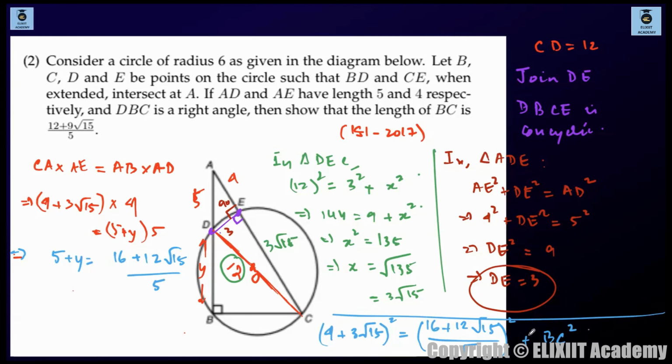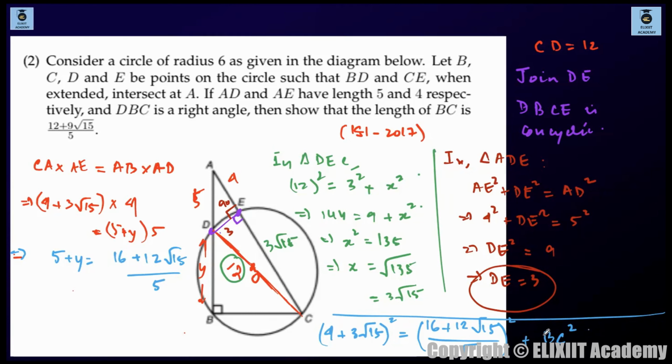Got it? Now we have to do a bit of manipulation, means simplification, from here. Simplify and tell me what you're getting.